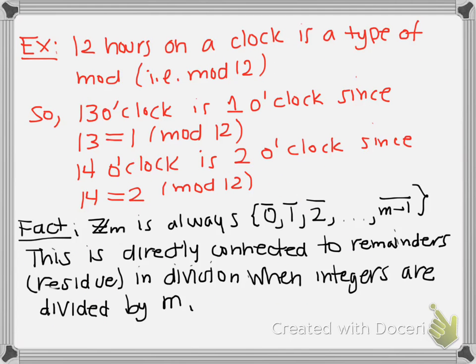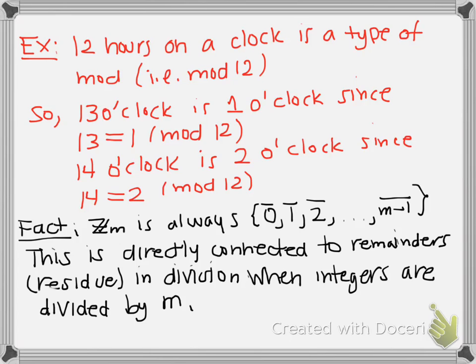Looking at modulo and congruence in terms of the real world, we can go as far back as a clock. This is really called modular arithmetic, and you actually learn about it in kindergarten. That's why math is so great, because you come back around full circle.